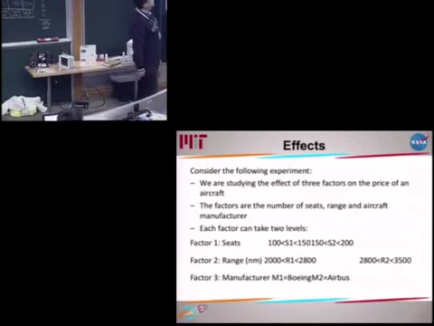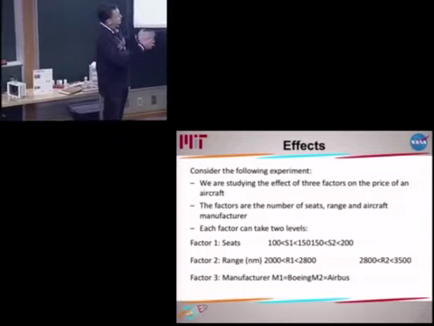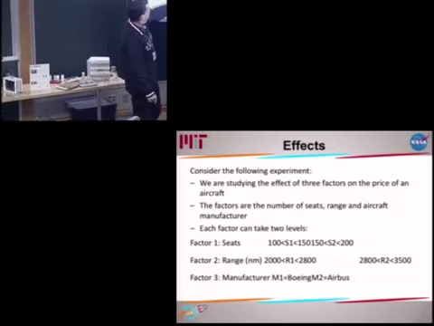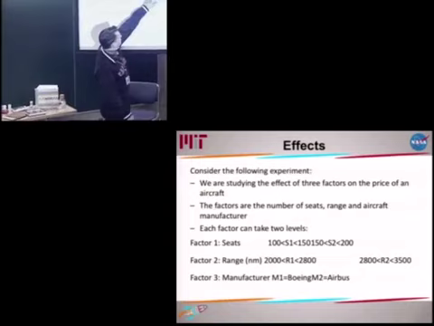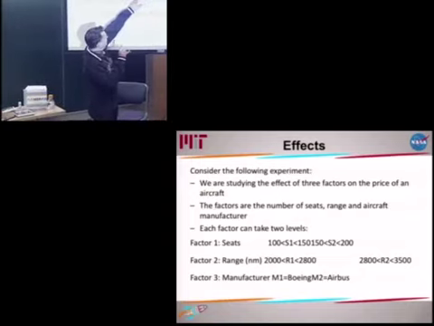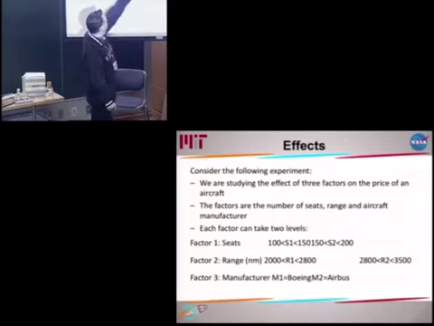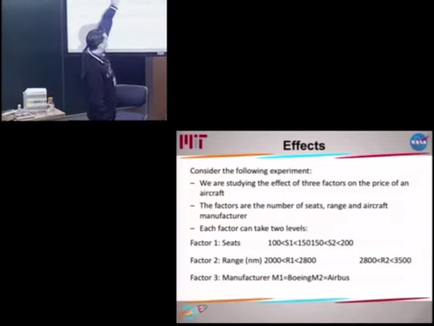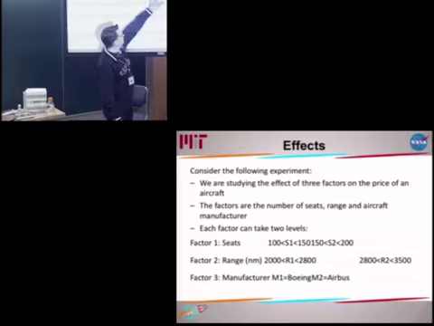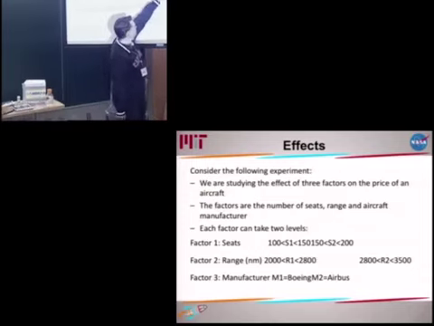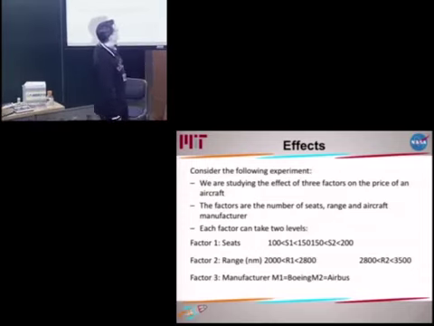Factor 1 is the number of seats, so how big is the airplane? We're binning now. Factor 1 is S, number of seats. Airplane size between 100 and 150 is S1, and between 150 and 200 is S2.